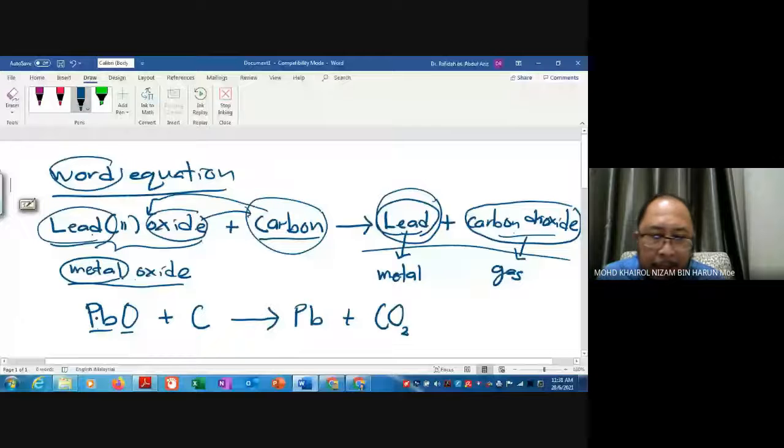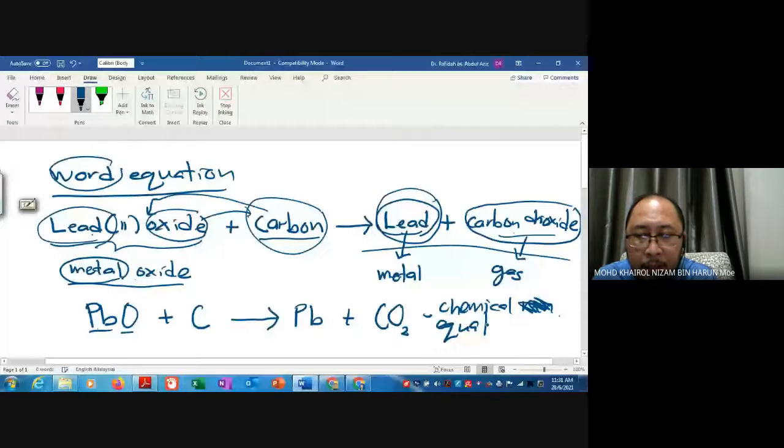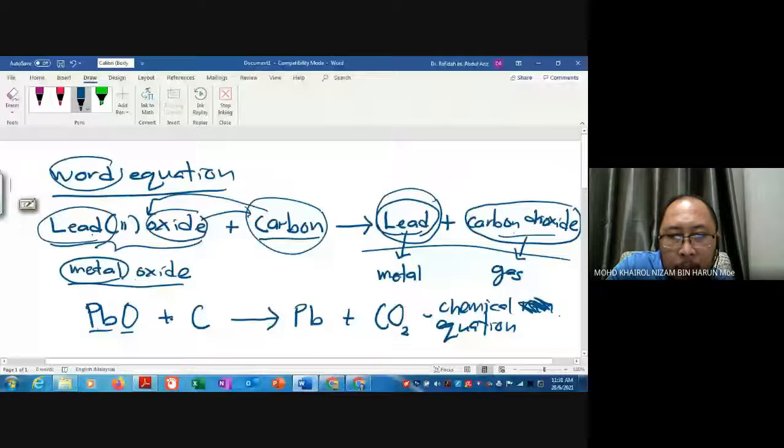This is what we call a chemical equation. We represent it in the form of symbols, or chemical formulas. You will learn this in Form 4 in chemistry.